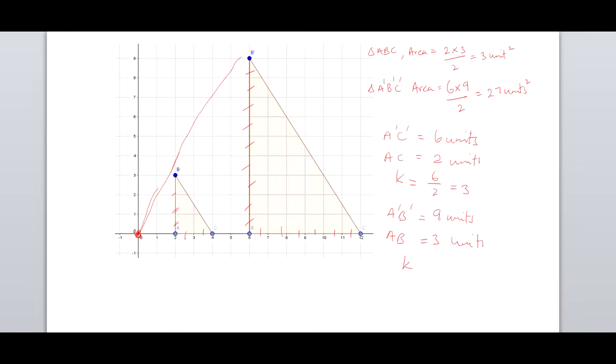Therefore k is equal to 9 over 3, which is 3. So I've gotten the same, so the scale factor we know is 3 for sure.